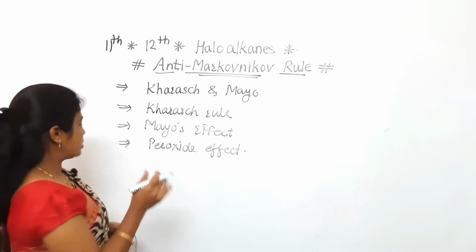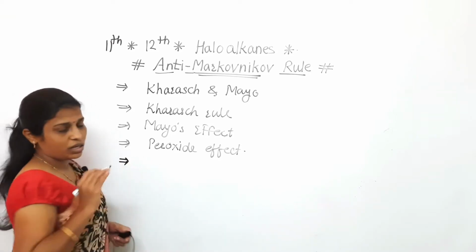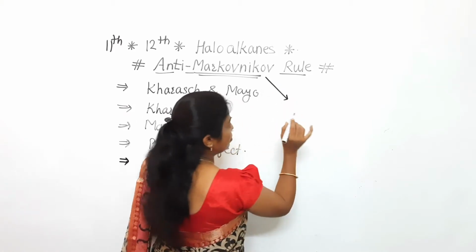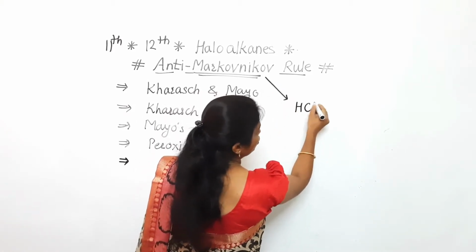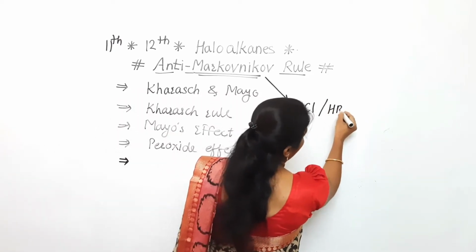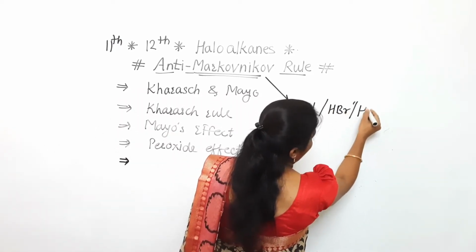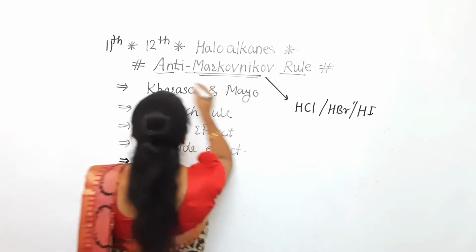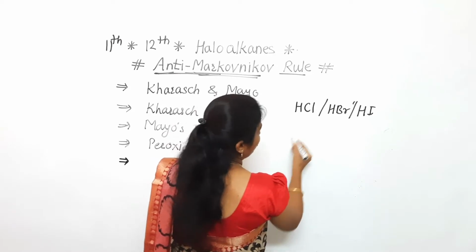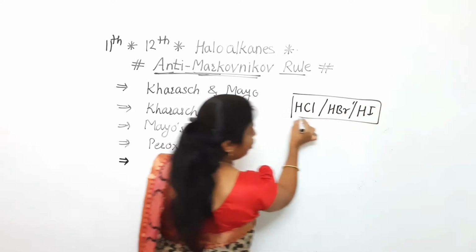Now we are going to discuss one very important point. As we discussed in the Markovnikov rule, we can use the unsymmetrical reagents HCl, HBr as well as HI. But for this anti-Markovnikov rule, we cannot use all these three.